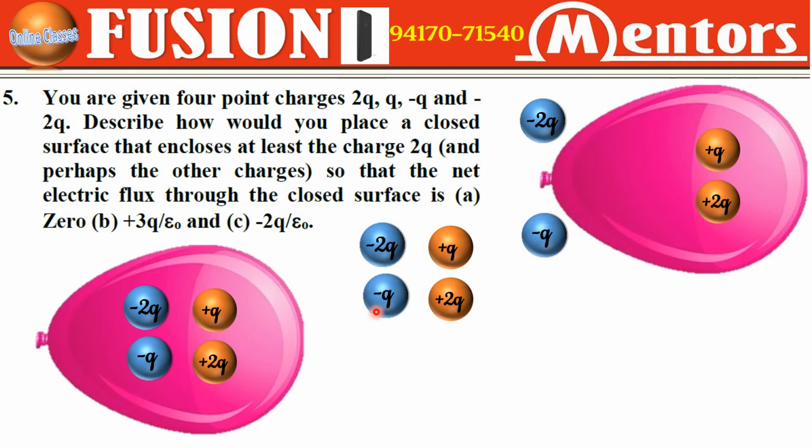Yes, please answer. Keep 2Q out and have minus 2Q plus Q and minus Q in, because in this case total charge plus Q and minus Q cancels out and total charge left inside is minus 2Q. So there are two possible ways.